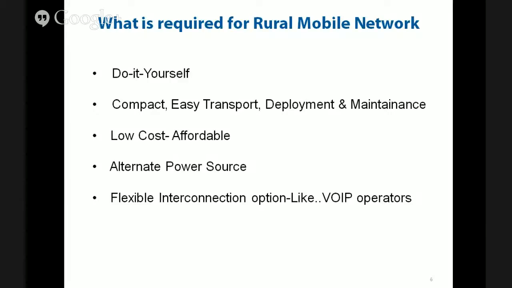Flexible interconnect option, where it is not mandatory to connect this equipment to the operator only. So you can connect with VoIP operators, and you can provide the coverage in the rural area.